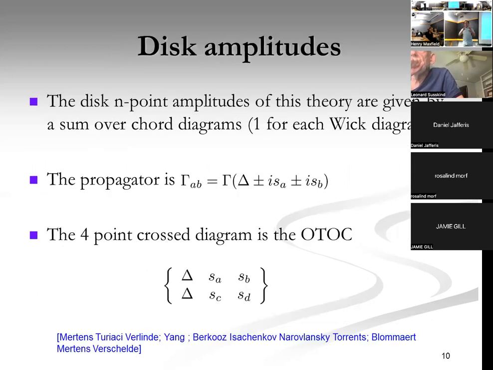So again, the philosophy is to take the gravity answer as a kind of input to fix what matrix model we should discuss. It's the thing that tells us what the statistical ensemble is from which we should draw the high energy data to be consistent with the gravity input. And so we need to know the disk amplitudes, and the disk endpoint amplitudes of JT with a scalar are given by a sum over Feynman diagrams.